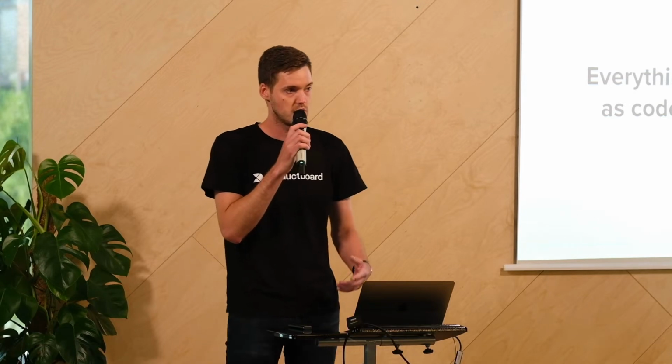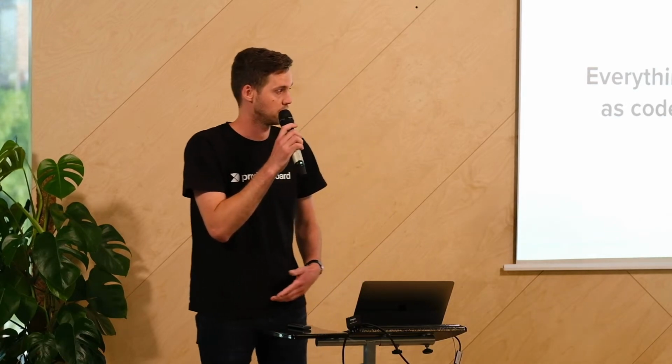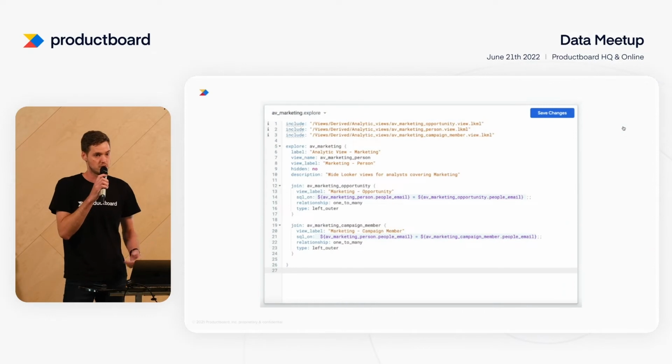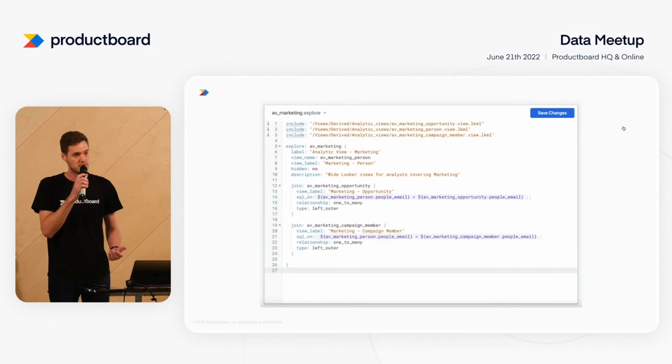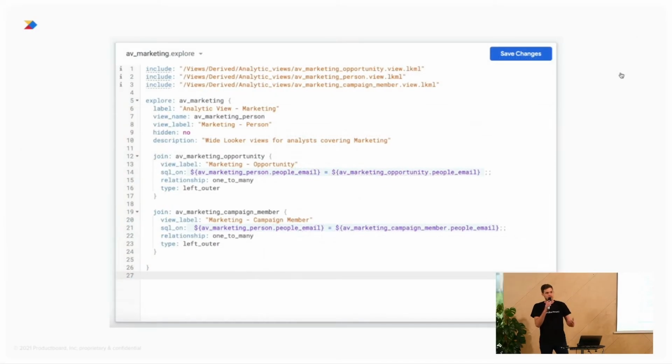If you want to use these views in your reports, and you want to build some reports, you have to define them in explores. An explore is the definition of some tables, and you are defining the relationships between these tables, the joins.